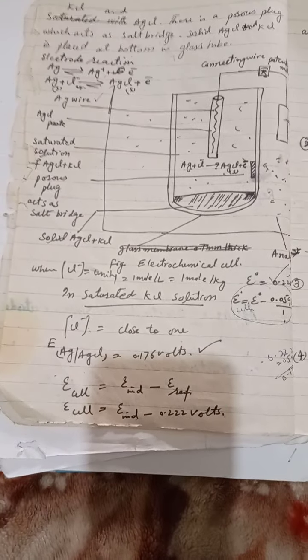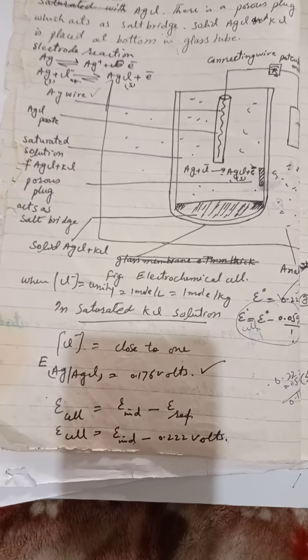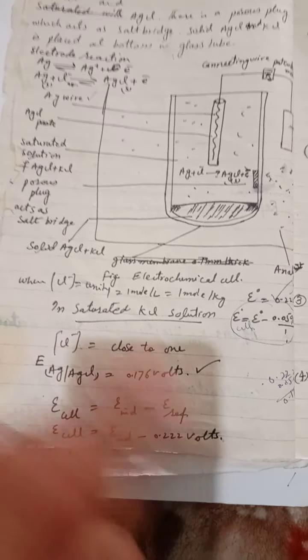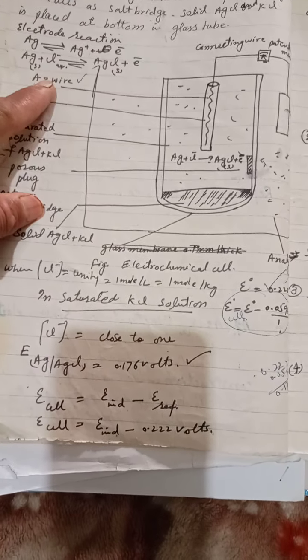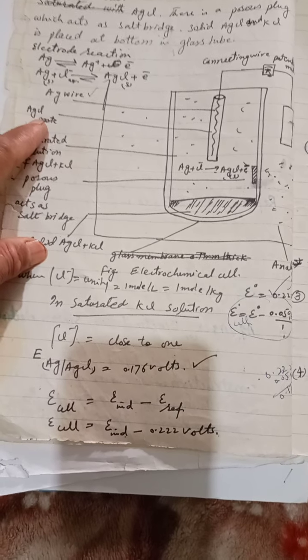This is the diagram. You are observing that this is the Ag wire. Now this is coated with the AgCl paste.